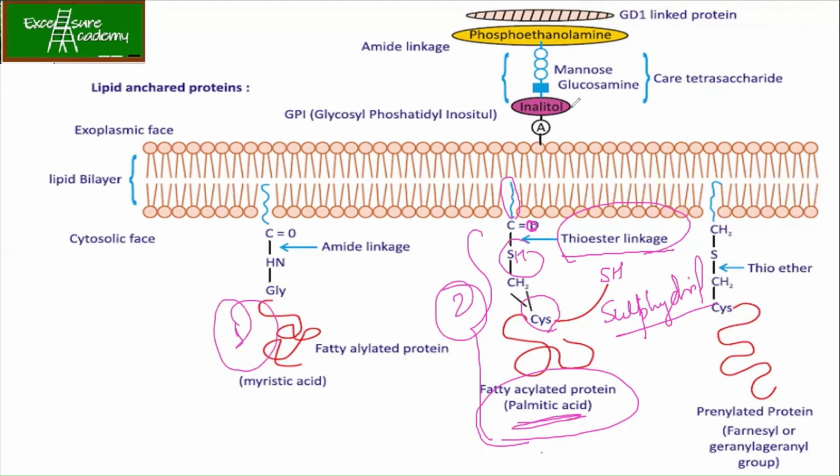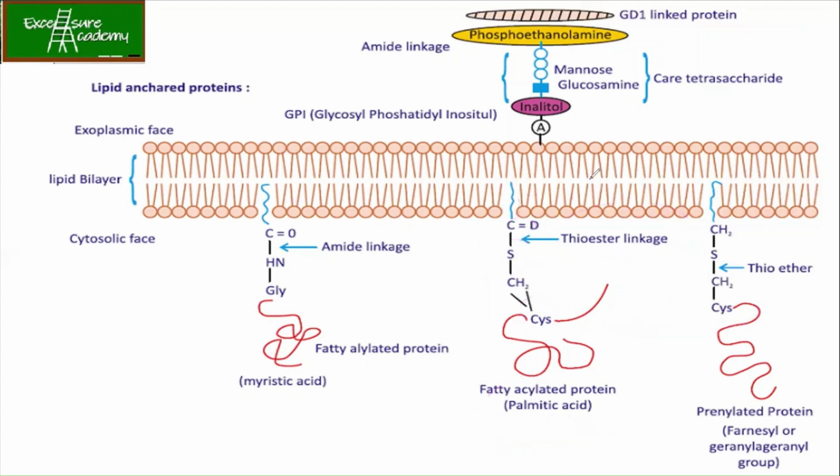Then we also have another category where a farnesyl or geranyl group is present. Now what are these farnesyl and geranyl groups? These are not the 14-carbon or 16-carbon fatty acids. In prenylated proteins, prenyl and isoprene units are 5-carbon units. Farnesyl will be your 15 carbon, geranyl will be 20 carbon. This will be more clear when we do plant physiology, so you will understand it better there, okay?